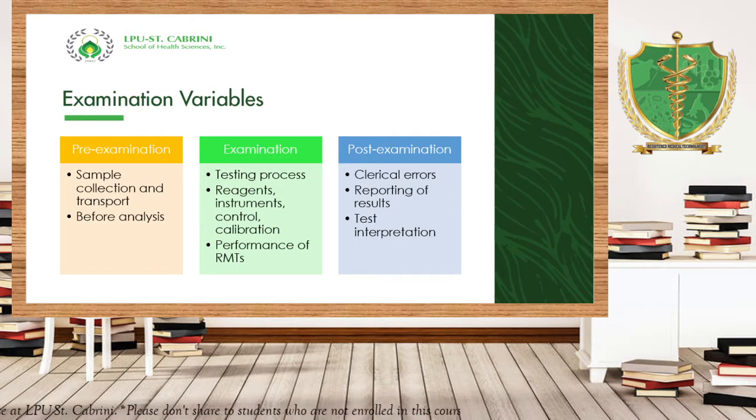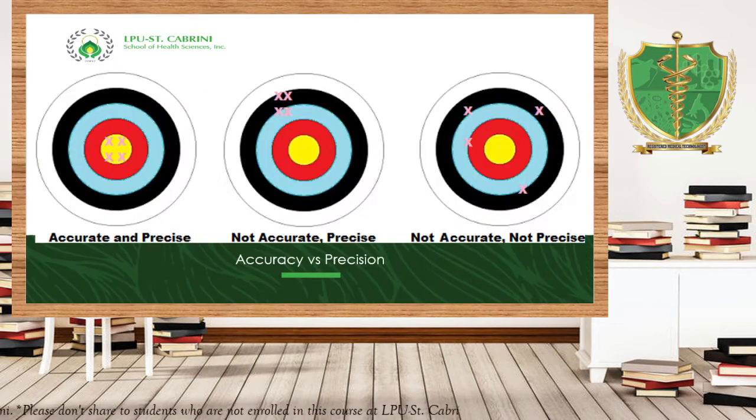But I want you to take note that we are also interpreting the results before we release them to the patient. In other words, before the doctor decides, you will decide if you are going to release the result or not. That's why it is important as early as now for you to know how to decide and to exercise your decision making. We have here another concept such as accuracy and precision.